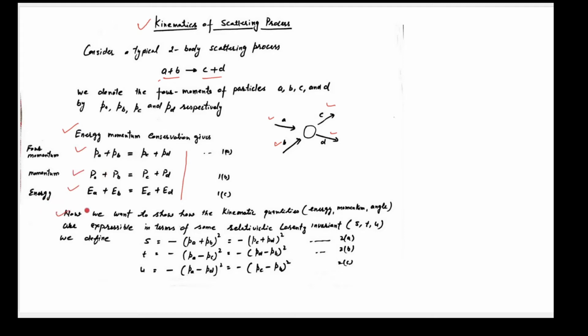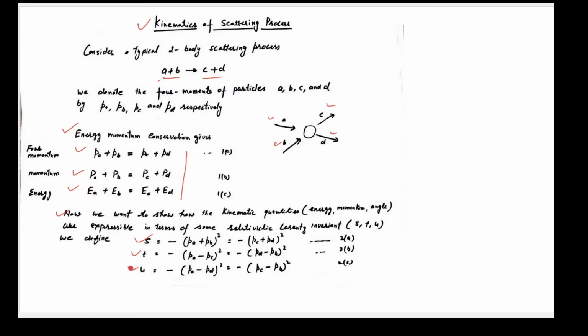Now we want to show how the kinematic quantities, energy, momentum and angles, are expressible in terms of the relativistic Lorentz invariants S, T and U. S, T and U are Lorentz invariant, and they remain invariant under Lorentz transformations.